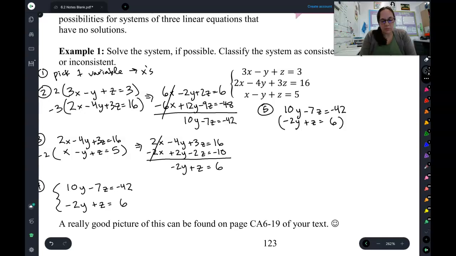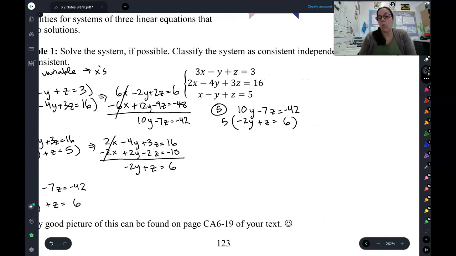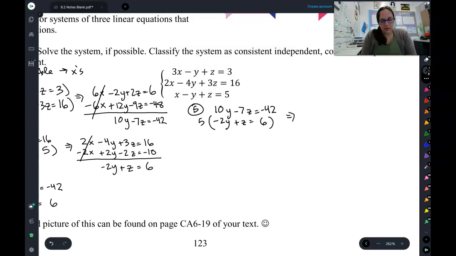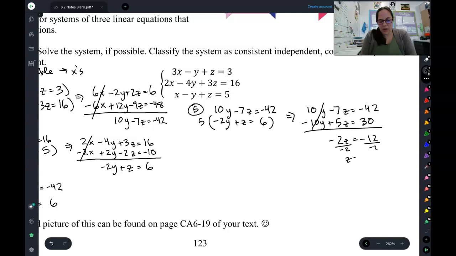So I'm going to times this one by 5, so then I can get the y's to stack up. Plus 5z equals 30. My y's now go away. I get negative 2z equals negative 12. Divide by negative 2, and I finally get my first answer, that z is 6.